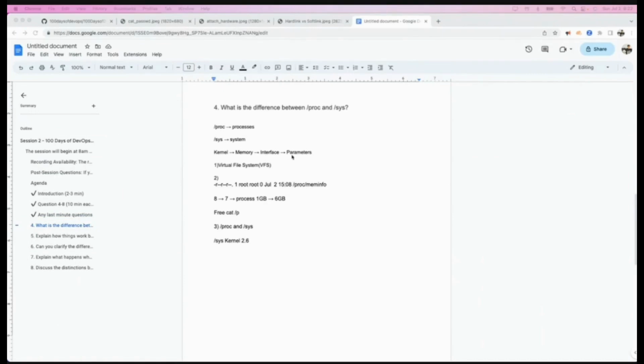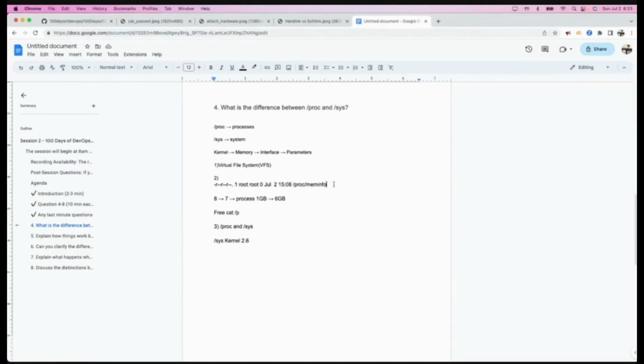This is basically an interface to the kernel. If you want to modify some of the parameters we have seen, we can do it with the help of these file systems. The reason they are called virtual file systems is because they do not exist on the disk, they exist in memory.